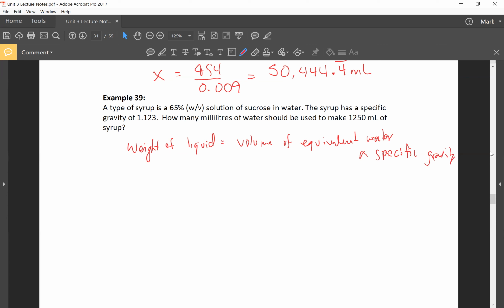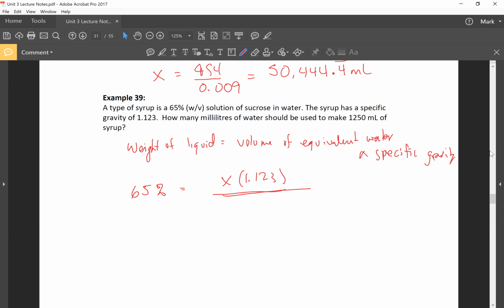Okay, I'm hopefully going to set this one up right. That means our 65% solution is going to be, well, we don't know the weight of the liquid or the equivalent weight of water, so we're going to call that X. And we can multiply that X by our specific gravity, 1.123.